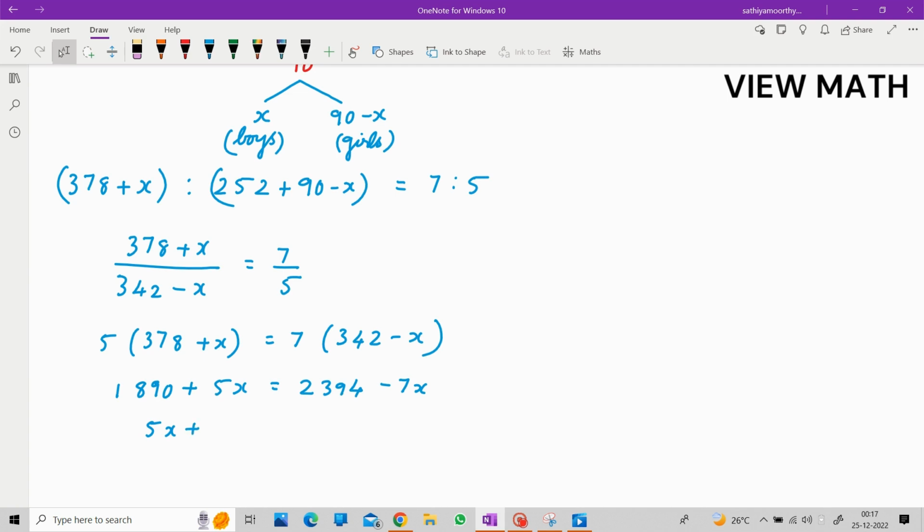5X plus 7X is equal to 2394 minus 1890. 5X plus 7X is 12X. If I subtract, I'm getting 504.